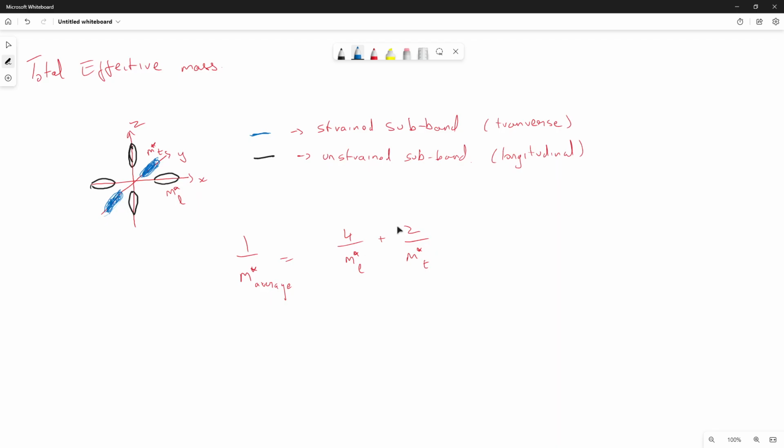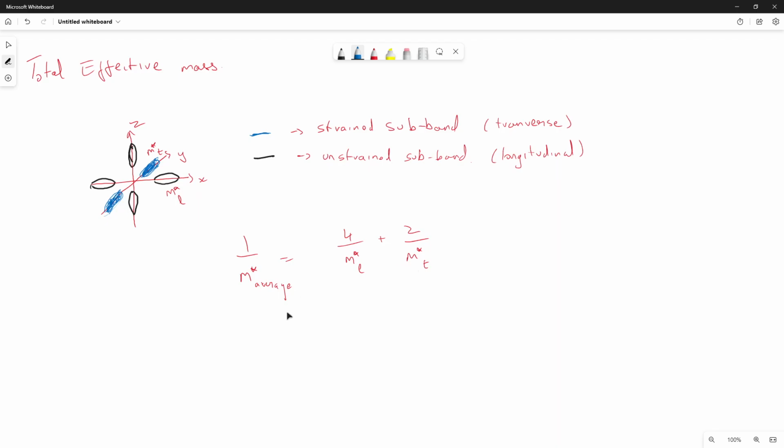So 2 upon that will be larger, and since that larger number is the inverse of the average effective mass, the average effective mass will be a smaller number, correct? Yes, sir. So if MT becomes smaller, average mass becomes smaller. If MT becomes larger, average mass becomes larger.